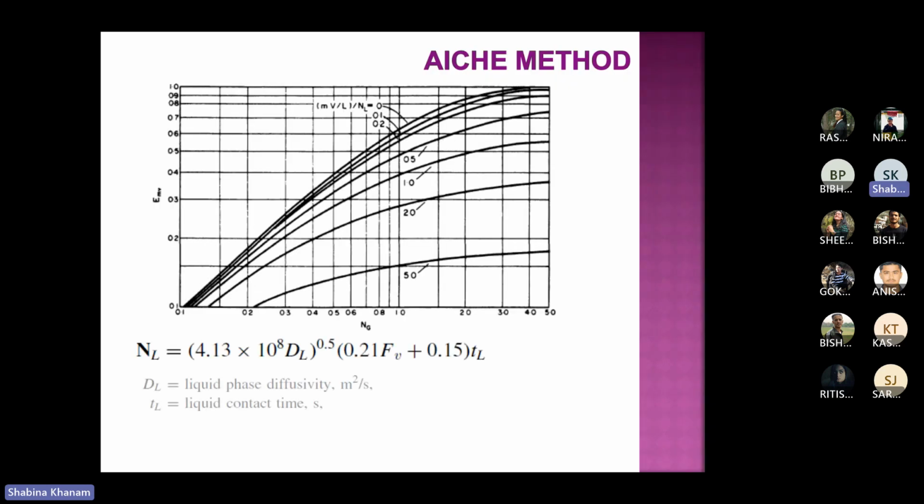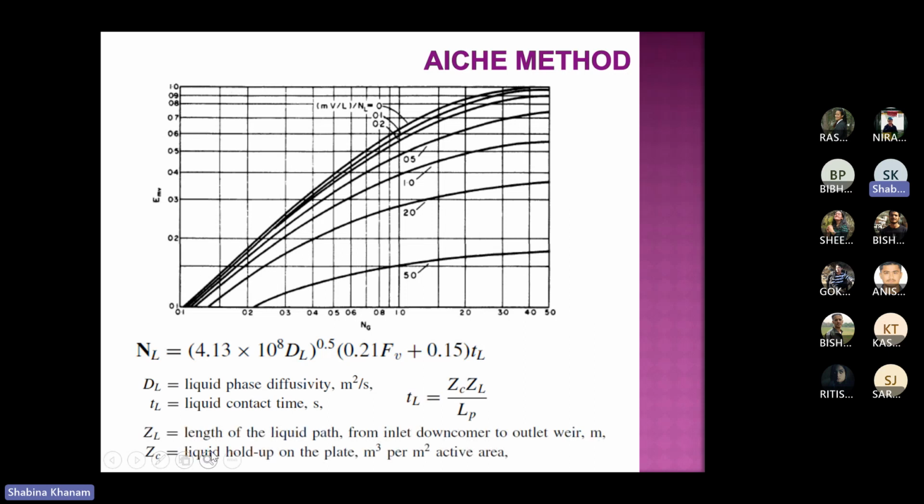Once we have this ZL and ZC, I will tell you how this ZC will be calculated depending upon the type of plate. And once I have this NG and NL, we can use this graph, where NG and NL are available, to find out point efficiency.